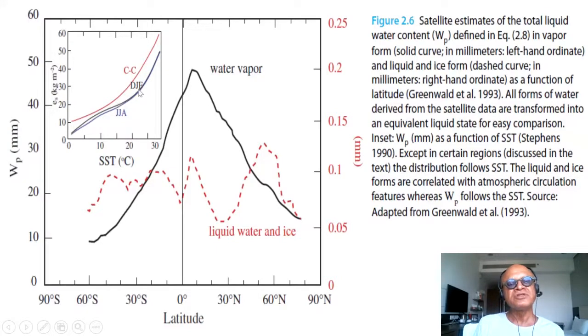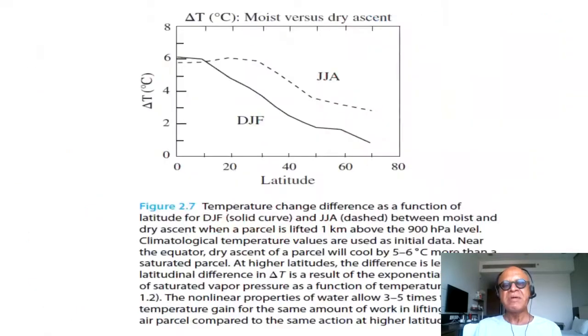The curve becomes much more parallel to the Clausius-Clapeyron, as we remember from before, and the seasonal difference disappears, whereas the seasonal difference is more contrasted at lower temperatures. So just remember that.